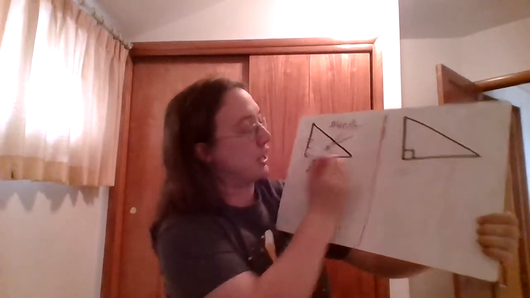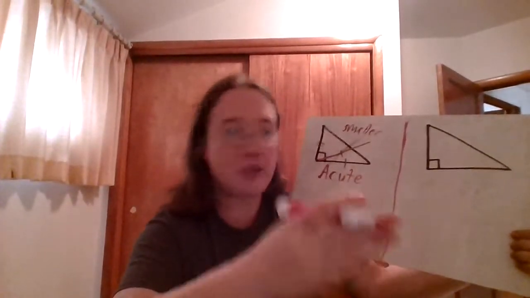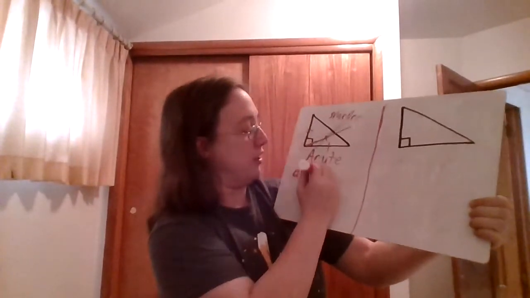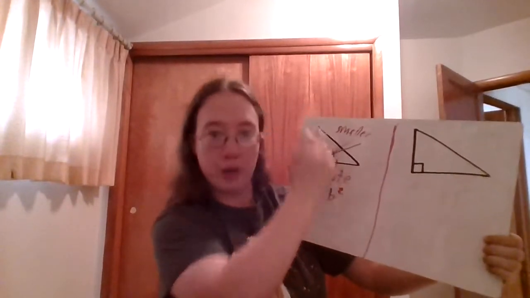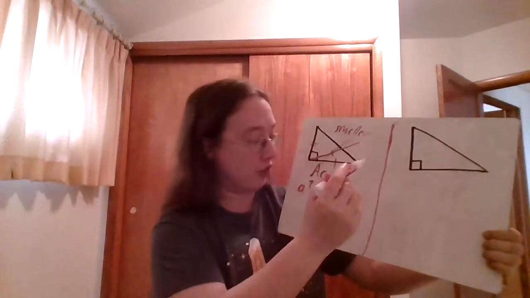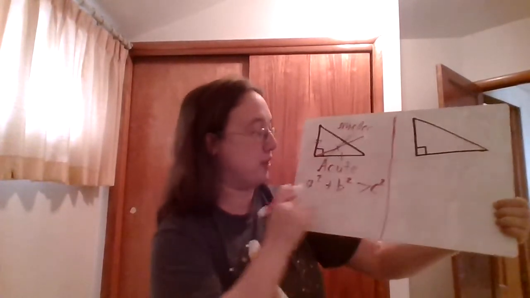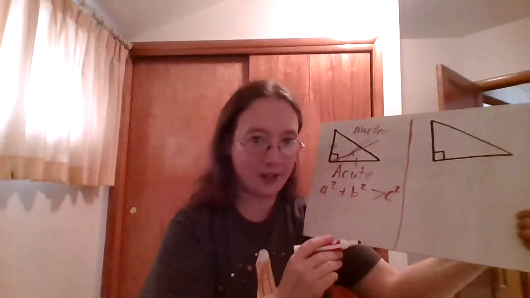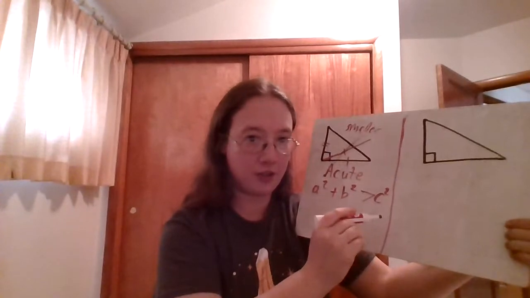So if we have an acute triangle, then instead of a squared plus b squared equals c squared, we're going to have a squared plus b squared, and since we made c smaller, c squared is going to be smaller than a squared plus b squared. So if it's an acute triangle, a squared plus b squared is bigger than c squared.